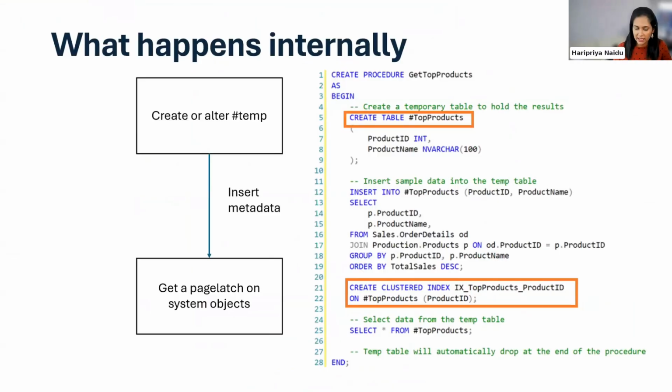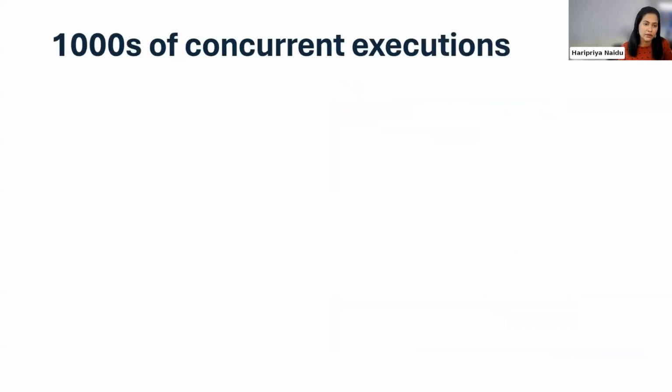Under normal circumstances, when you have a few executions of this stored procedure, these operations can easily get a lock onto the system objects and be done with the operations. But on a very busy production server where you have thousands of concurrent executions of stored procedures, what happens?